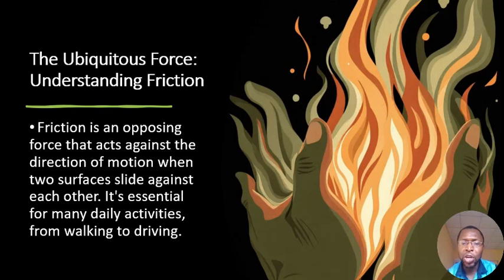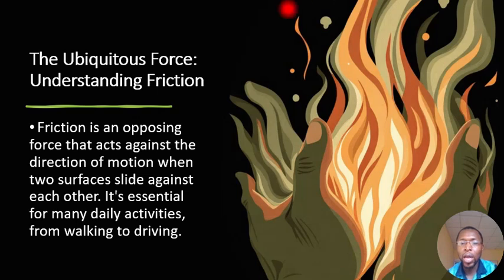Okay, so friction actually is an opposing force. Any force that opposes the motion or the movement of an object is known as friction. So we see it as an opposing force that acts against the direction of motion whenever two surfaces slide against each other.